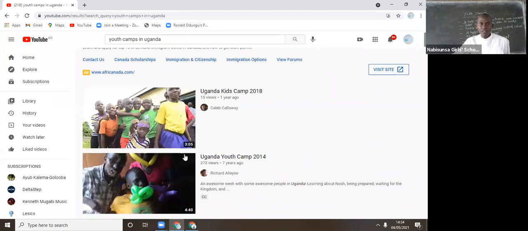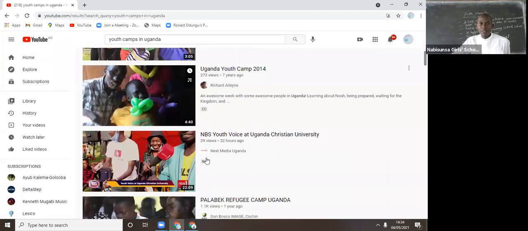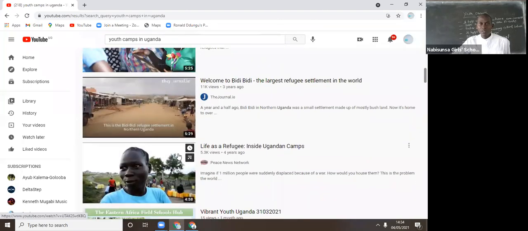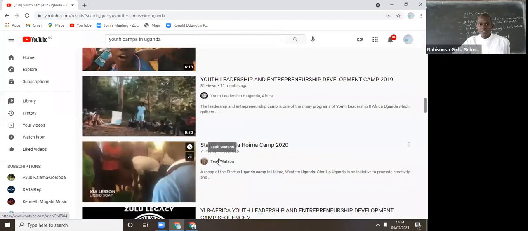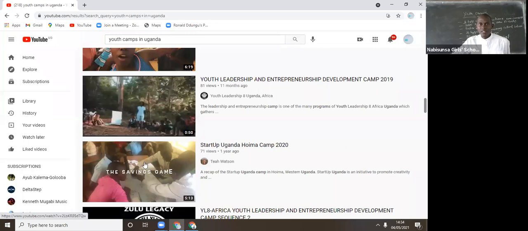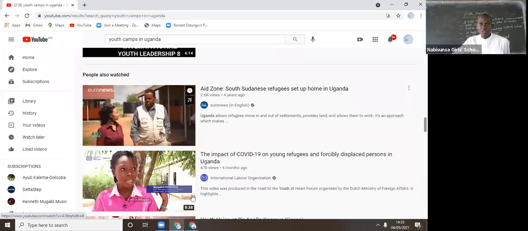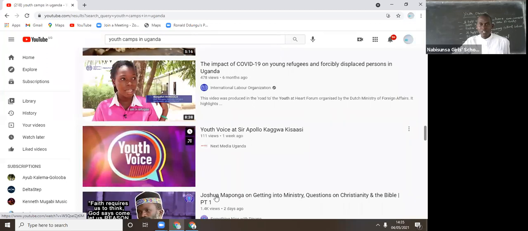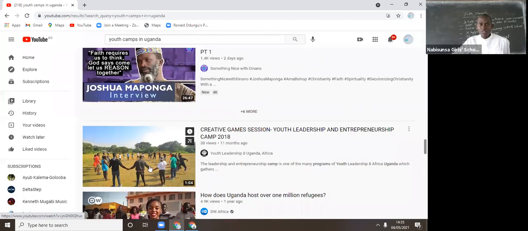We see whether they will get for us some of the Uganda kids' youth camps. We have these refugee camps. When I talk about camps, they are bringing us startups. I think here we are showing you different camps. A good example, creativity. Okay, let us try to look at this one.